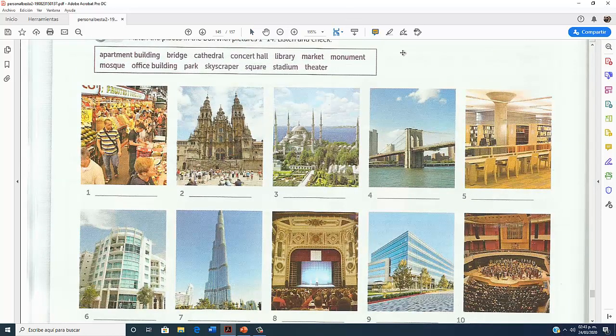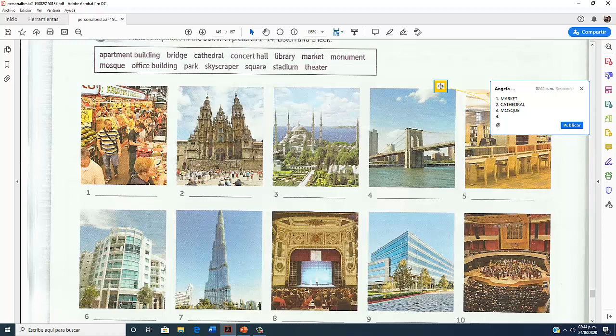Number one, that's a market. Number two, cathedral. There is a cathedral. Number three, that's a mosque.